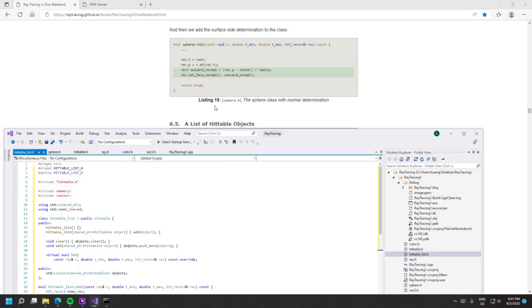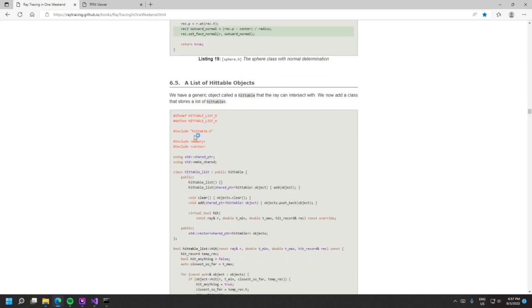First we need to include hittable, because obviously we're using a lot of the functions and the whole struct for this hittable object. We need to include vector. This is basically an array of hittable objects, like an array of trees, like a whole forest.